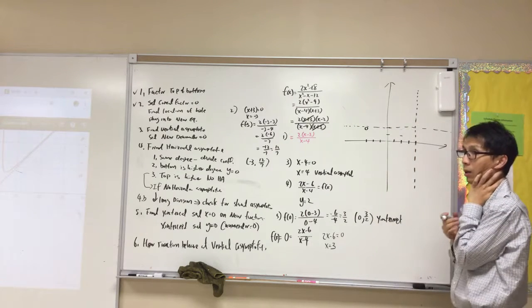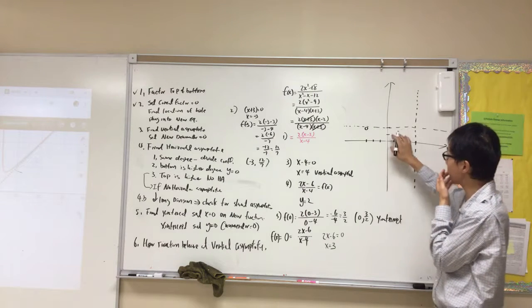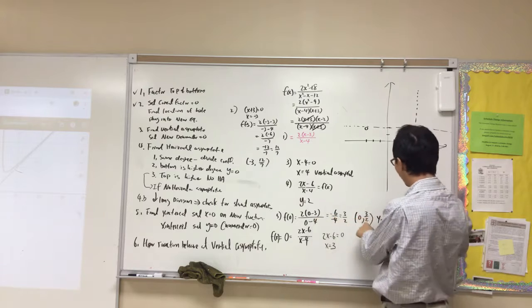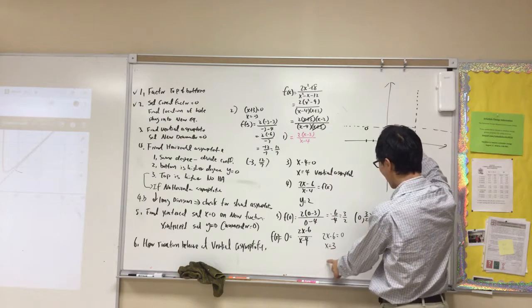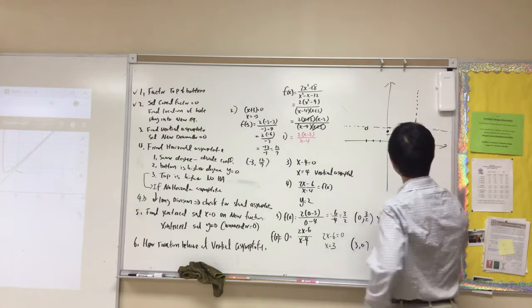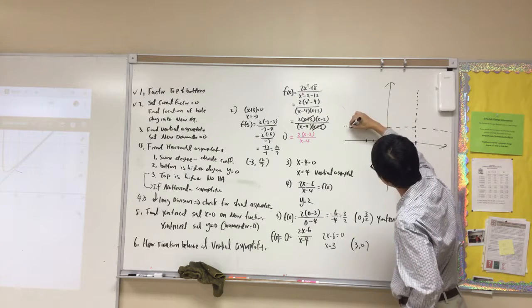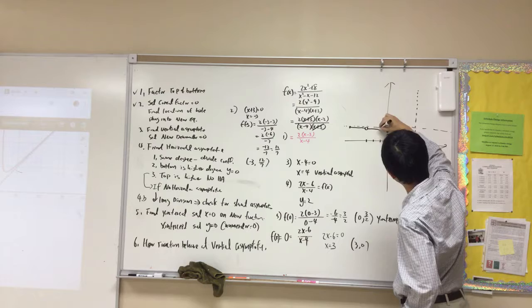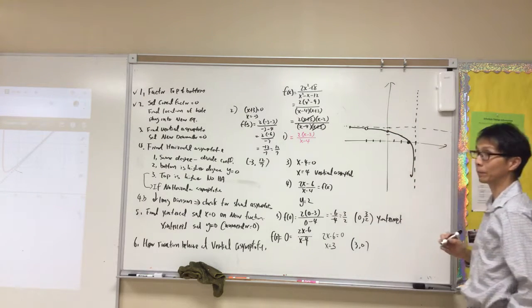Let me finish this part first. Here it's going to be 0, 3 over 2, so roughly right here. And here it's going to be 3, 0, so the zero is roughly right here. You already know the graph is going to plateau into here, and this one is going to plateau this way.